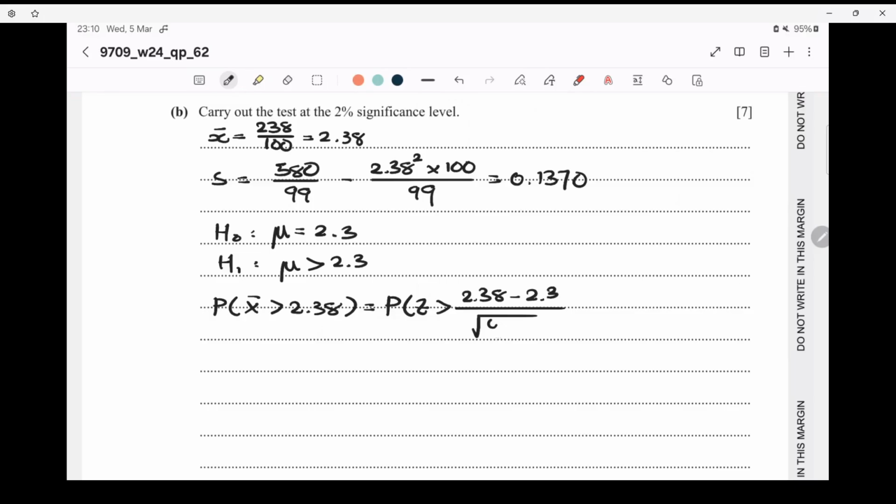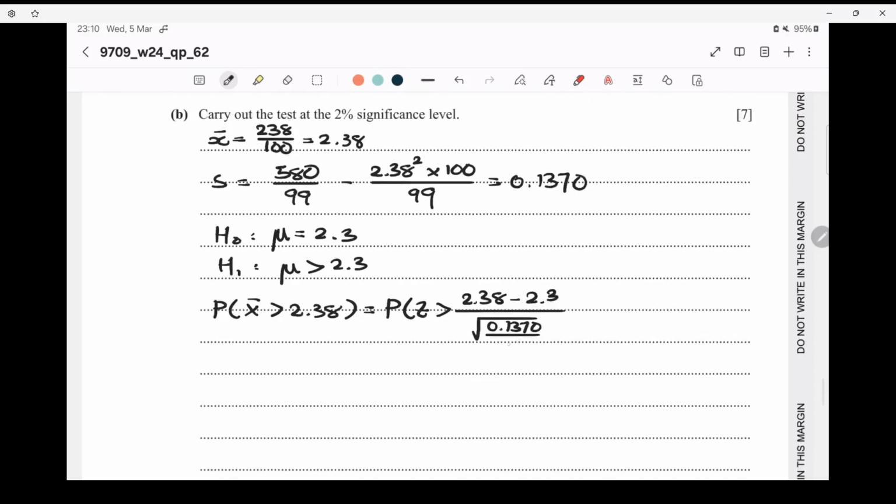So this should be 0.1370 divided by 103. This is your estimate of the population standard deviation, whereas the one at the bottom will be your sample standard deviation using the estimate of your population standard deviation.